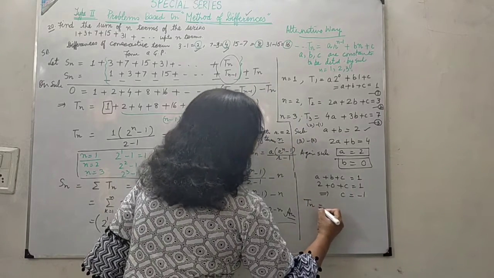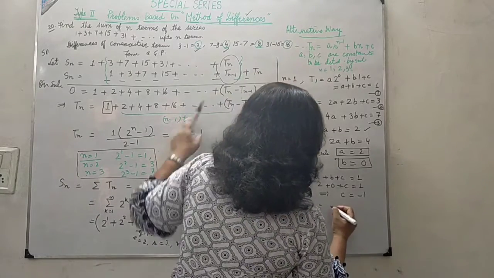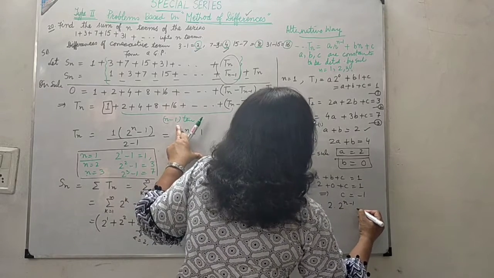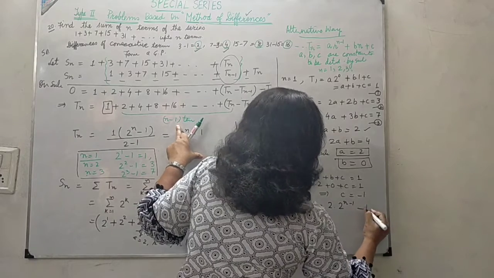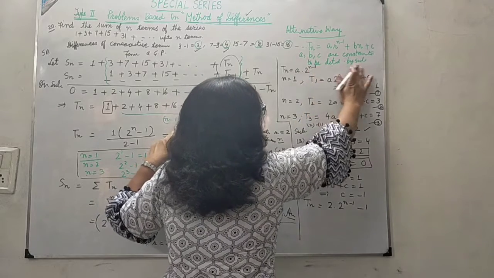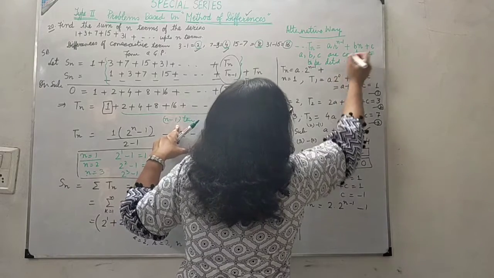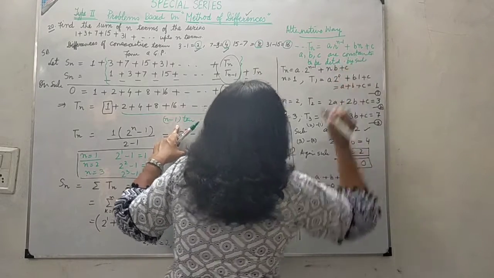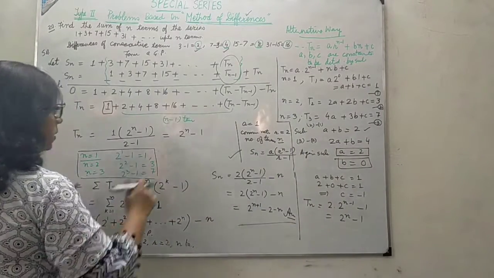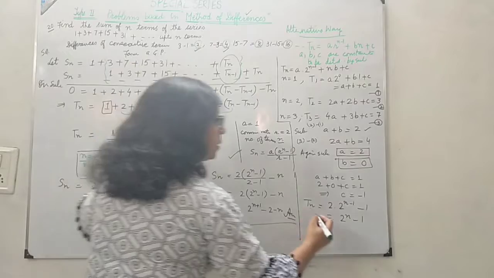That means our Tn will become, with the formula we have taken, A into 2 raised to power n minus 1, plus B n plus C, that is 2 into 2 raised to power n minus 1 with B as 0 and C as minus 1. Now this is the same result we got by the subjective procedure, and this is by shortcut.